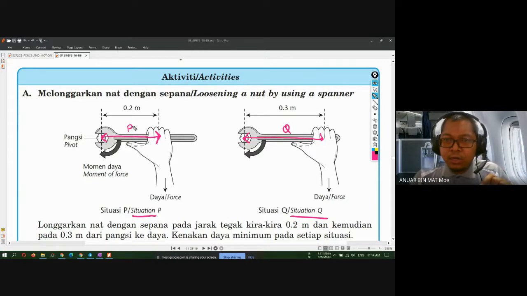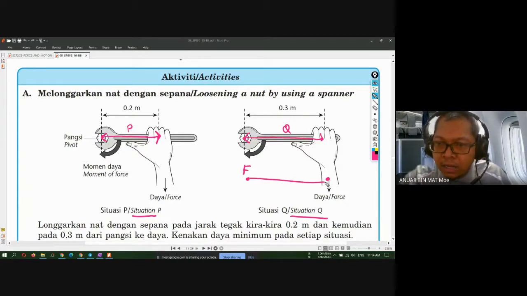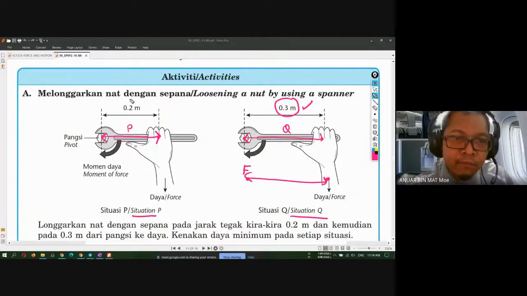Situation Q has the greater moment of force, because the perpendicular distance from the fulcrum or from the pivot to the effort is longer. Okay, 0.3 meter is, of course, longer than 0.2 meter.